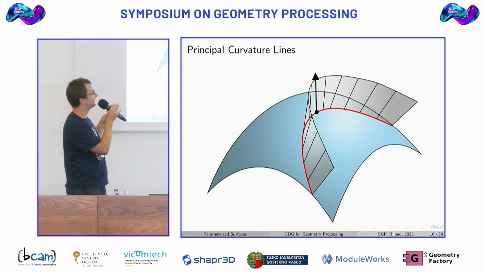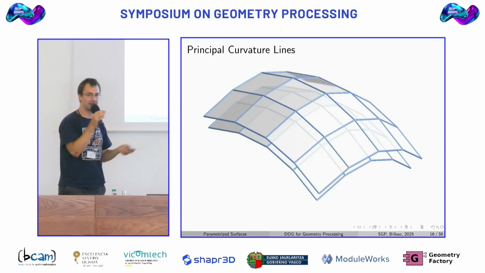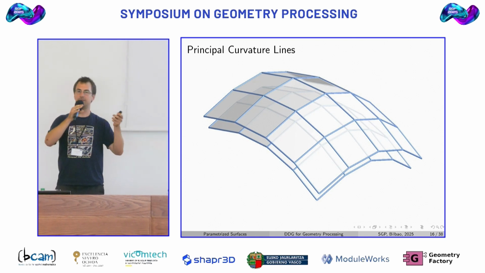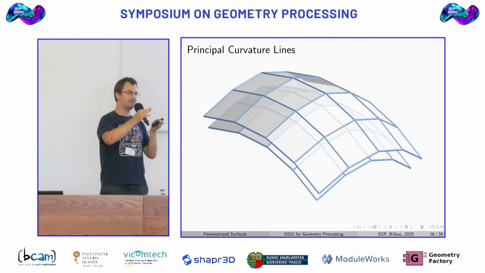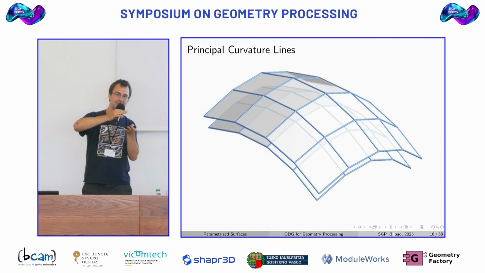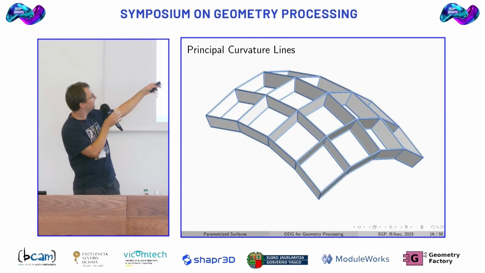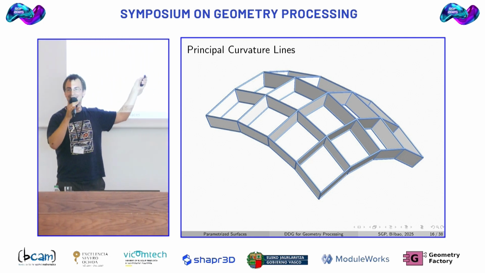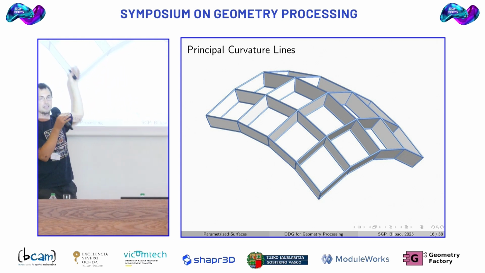So think of these neighboring edges: if you extend them, they intersect. And this is a useful property on the discrete level for these offset structures that I mentioned in the beginning. Usually, for example in architectural applications, but also other areas, you're not only two-dimensional anymore. You have a top and a bottom layer, and you want both layers to be planar, but then the beams connecting them should also be planar. This exactly means that these strips are developable surfaces.